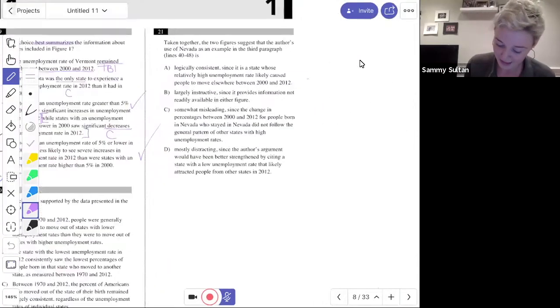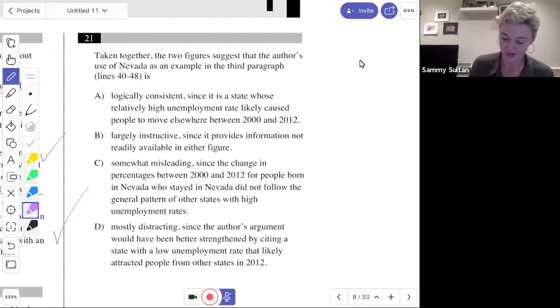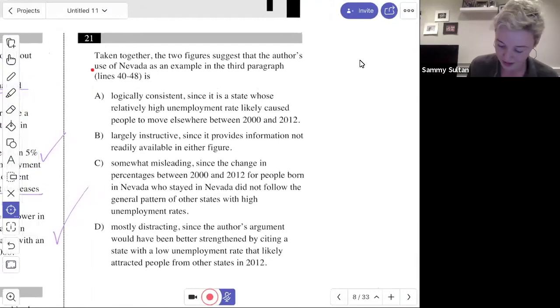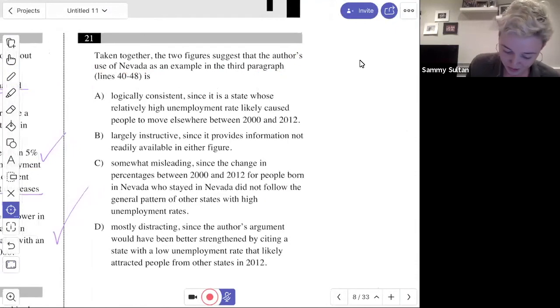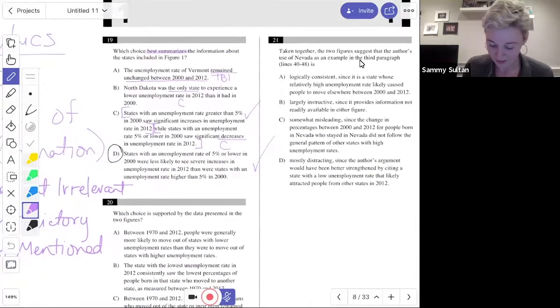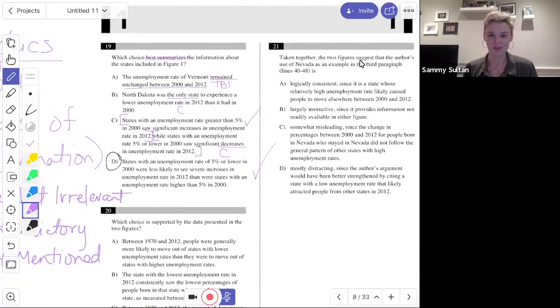Or I might see something here, the two figures suggest that the author's use of Nevada, now I didn't read the passage. Okay, so just so you know, sometimes it's okay to disregard the passage, sometimes it's not when answering these questions.